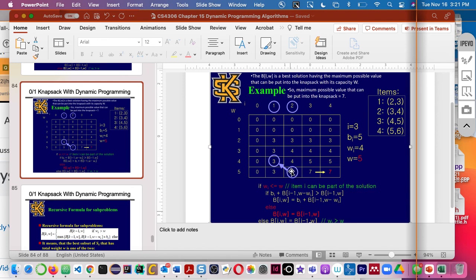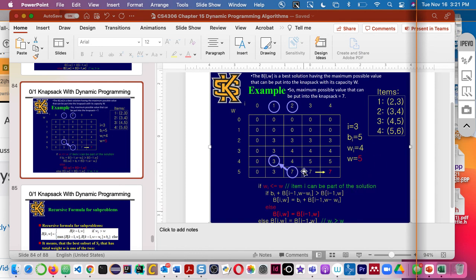This change has happened due to the change from 3 to 4, and over here this one. So that means this change came from here. That means we have to select items 1 and 2.